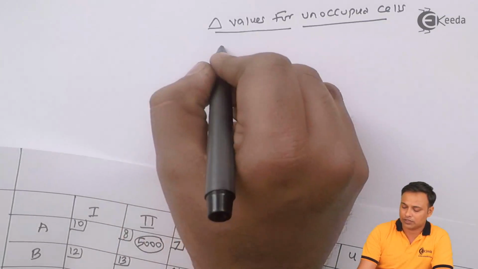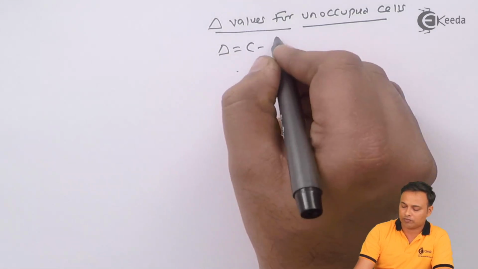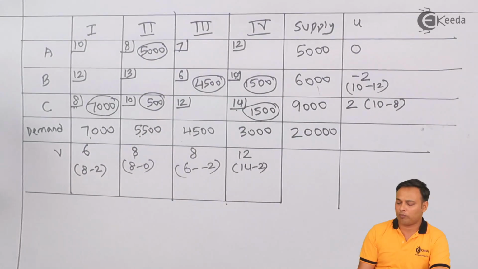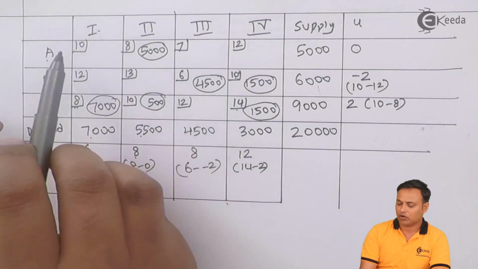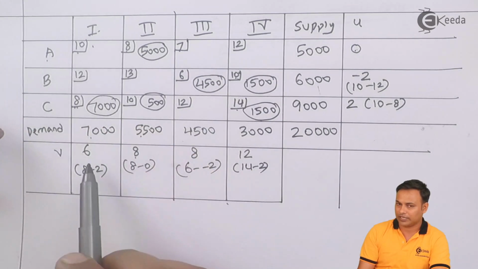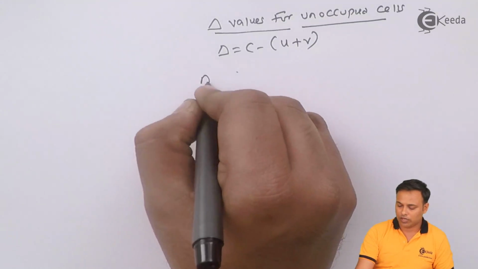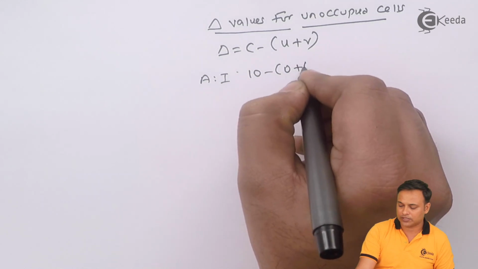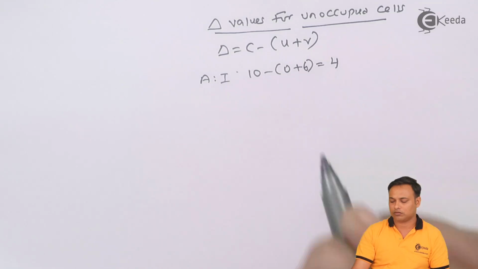Our formula is delta is equal to cost minus U plus V. So A1, 10 minus 0 plus 6 comes to 4.